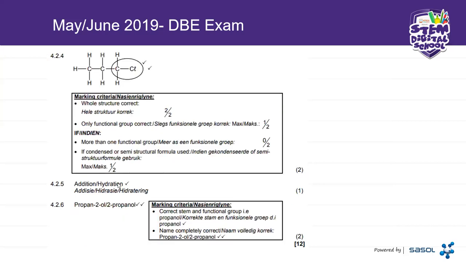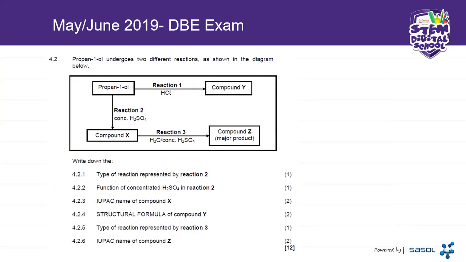Yes, it is an addition or a hydration, because we're adding water. So it's not a hydrogenation. No, it's a hydration. You're thirsty, you're getting some water. You form one compound, you become one with the water. So the type of reaction is an addition reaction, or you can say hydration reaction. Either one, you'll still get the correct answer.